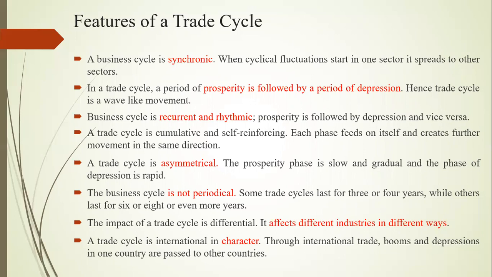Trade cycles are synchronic, prosperity is followed by a period of depression, the business cycle is rhythmic in nature, and cycles are asymmetrical, meaning the length of one phase will not affect another phase. And these are not periodical. We can't say that if one cycle took almost 10 years, another cycle will also take 10 years.